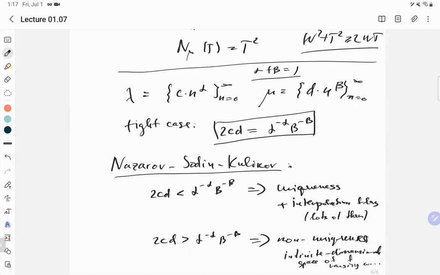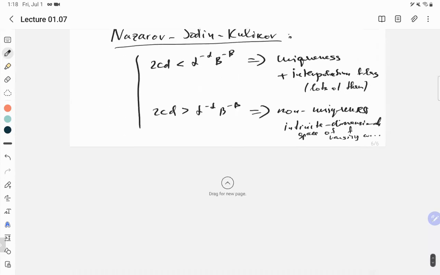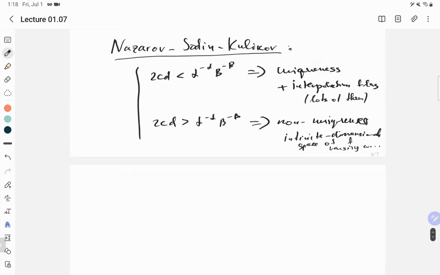As long as you stay away from this critical case, what they did is very robust. It doesn't require these sequences to be so regular. They just have to grow this way, and they have to have not too many clusters. This explains the whole thing very well.